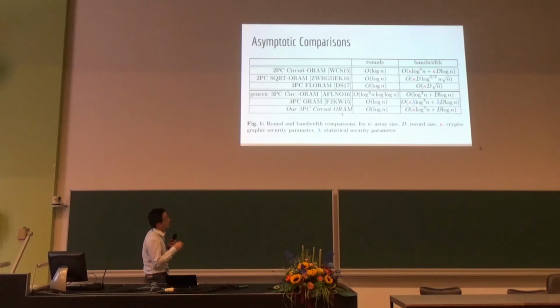In fact, with this generic approach, you don't have to do garbled circuits at all, so there's no security parameter for your bandwidth complexity. However, for this approach, the round complexity is proportional to the ORAM algorithm's circuit depth. In concrete numbers, this complexity is just too large, so really high latency.